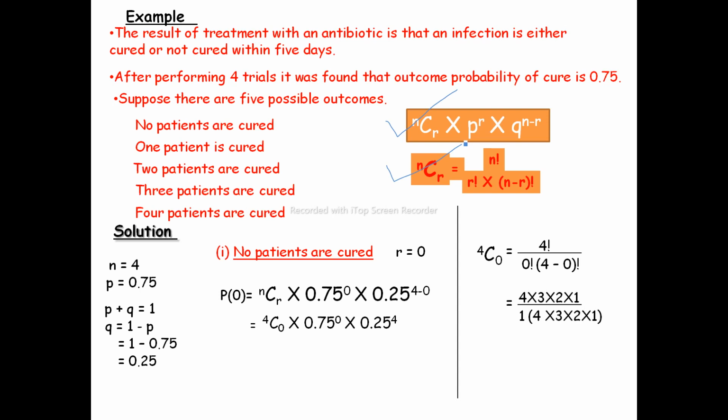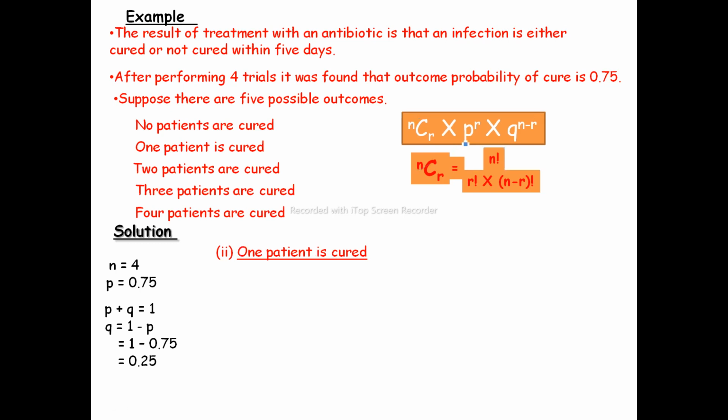So again 4 into 3 into 2 into 1, everything will get cancelled out and the answer will be 1. So 4 combination 0 is 1, multiplied by 0.75 to the power of 0. Anything to the power of 0 is 1, multiplied by 0.25 to the power of 4, which is 0.0039. So the probability of no patients getting cured is 0.0039.